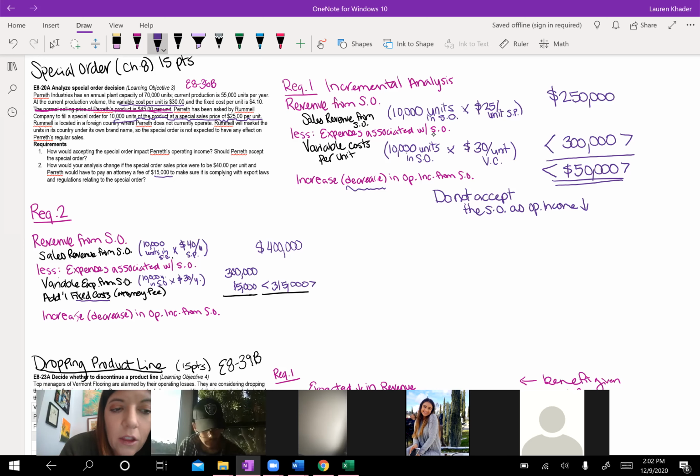We're going to subtract the 315,000 and compare that to the increase in revenue of 400,000. The increase in revenue is greater than the increase in cost. So we're going to see an increase in operating income because it's going to be positive $85,000.